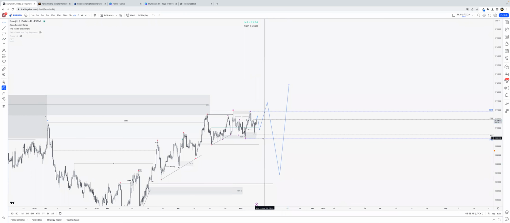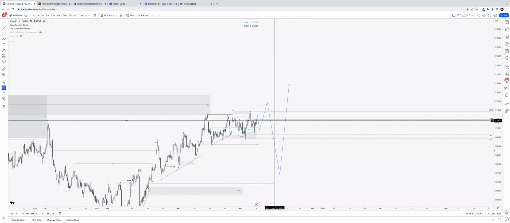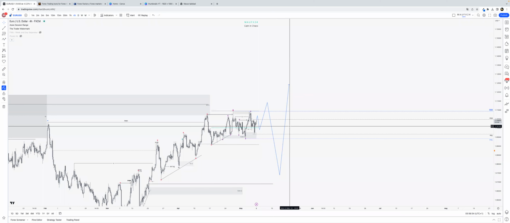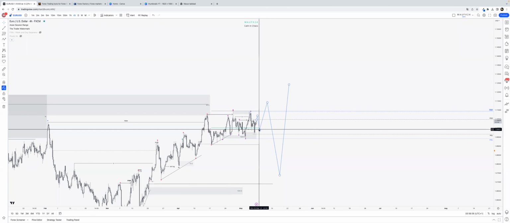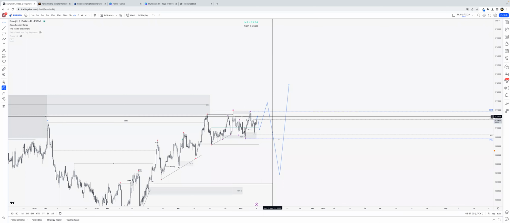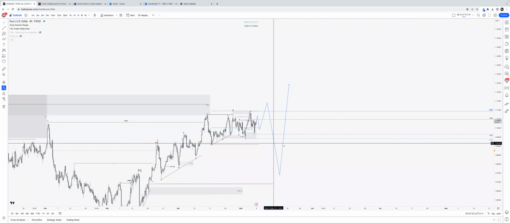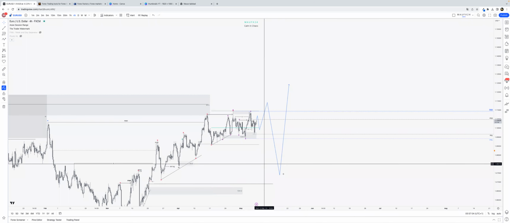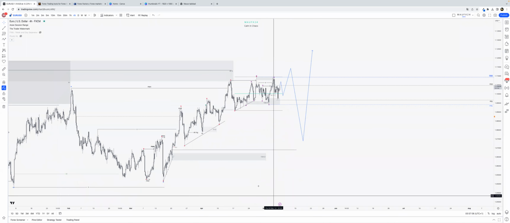That's my idea for this week. The most tradable areas are longs from here, shorts from here, then shorts on the way down as we form bearish structure, longs from the discount.